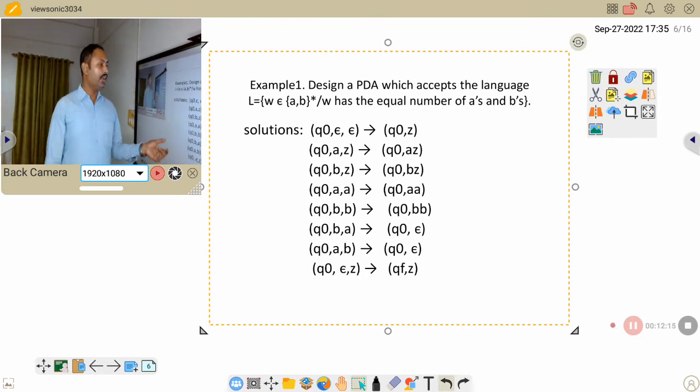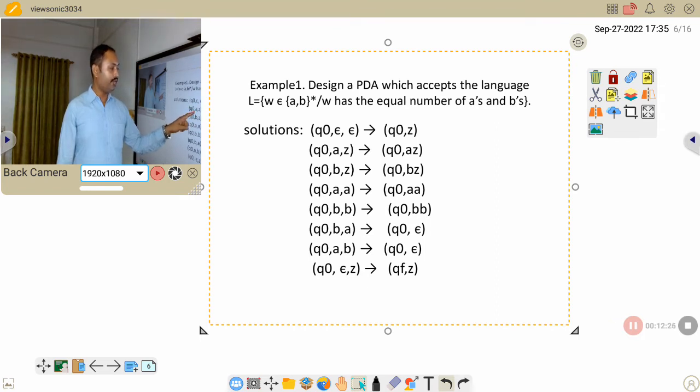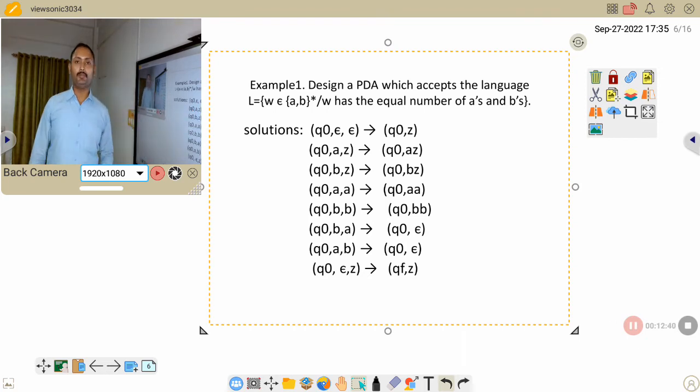Now we are going to insert a number of A's into the stack. So our current state is Q0. Now we are going to scan input symbol A, and what will be the top of the stack? That is Z. So after accepting A, it will store the current inputted symbol on the top of the stack.